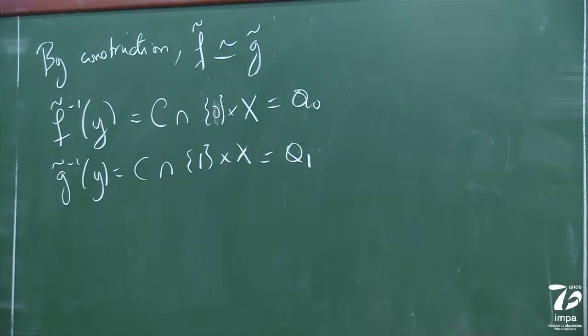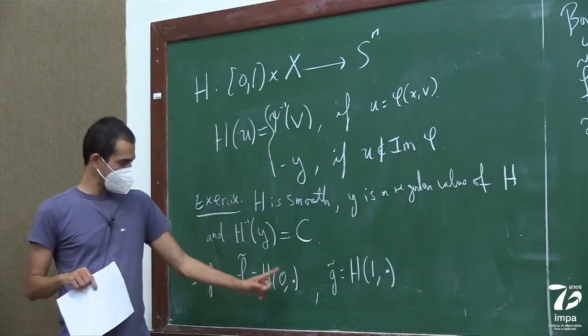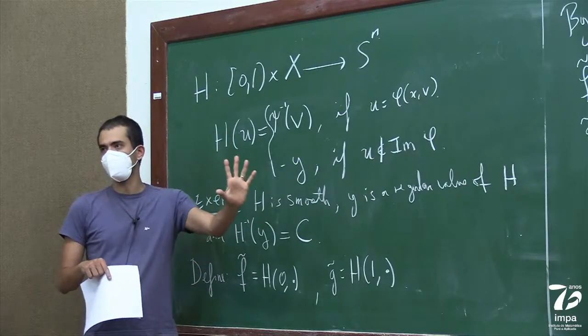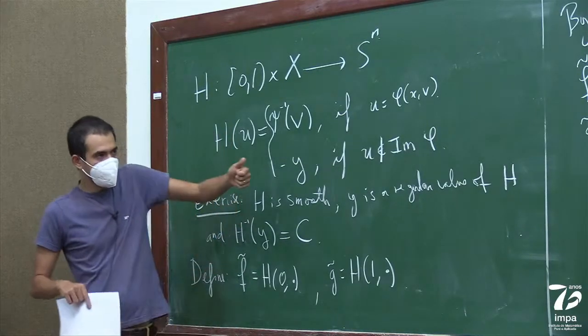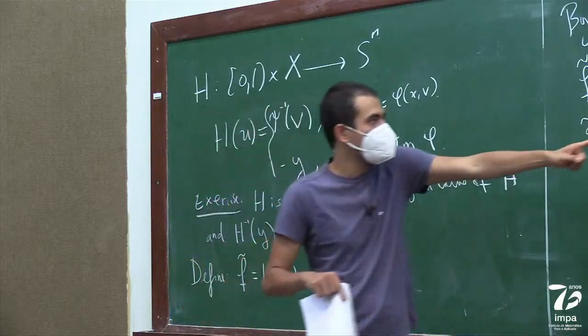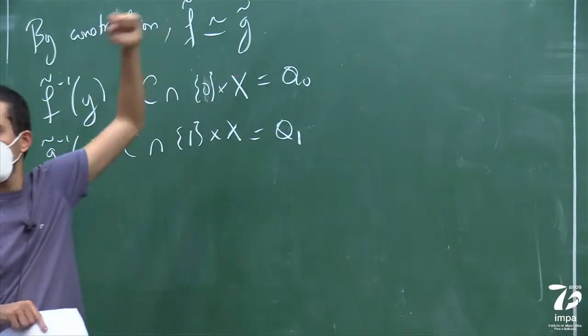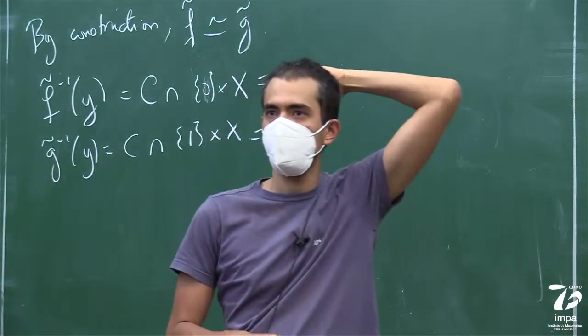Because X has the opposite orientation when you look at it as the 0 times X slice on the boundary, that changes the signs from the boundary of C, and you actually get q0 with the orientation that it came from f.